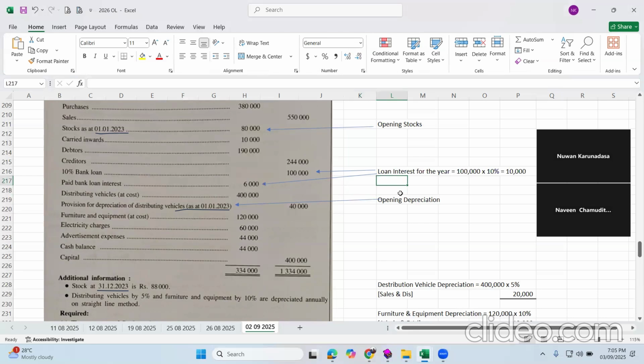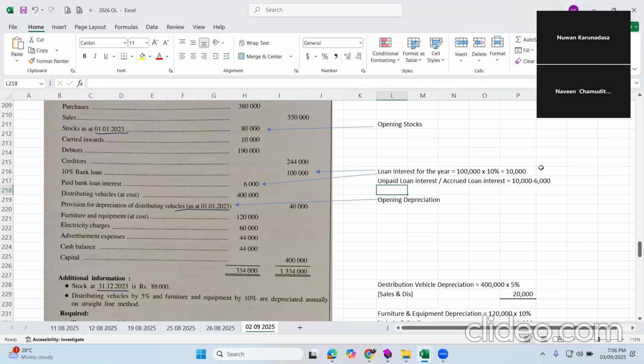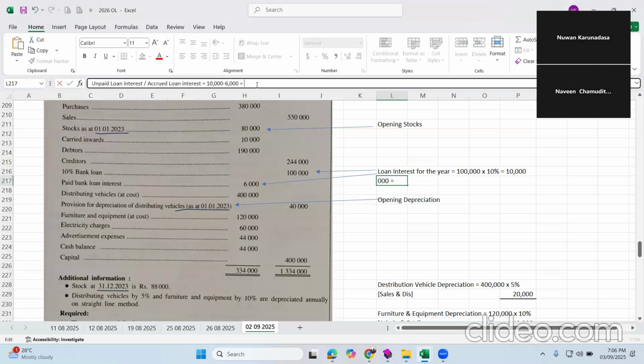Interest expense 10,000, paid interest 6,000, then the accrued, unpaid loan interest, or we call it accrued loan interest, equals 10,000 minus the amount paid 6,000. There is an unpaid amount of how much? 4,000. Unpaid loan interest is equal to 4,000.